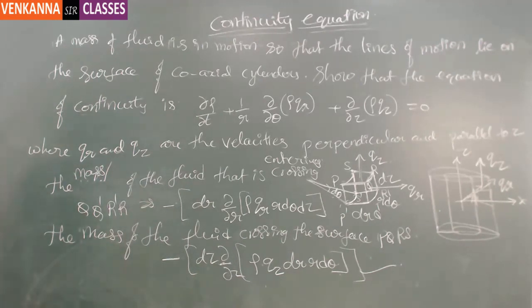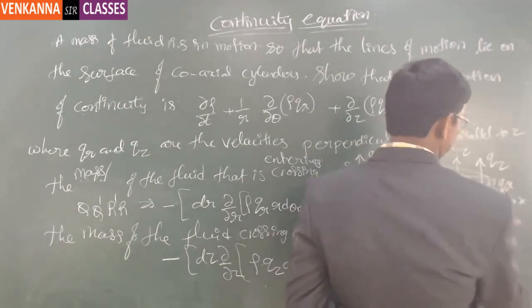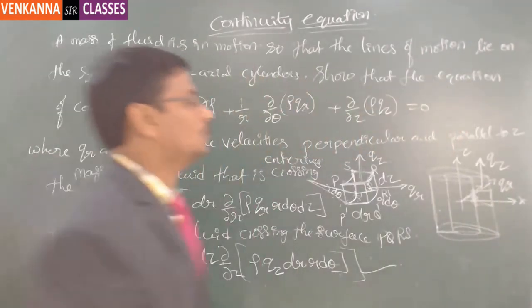Yeah, so as per our understanding this procedure is correct, but in the problem statement the direction of flow is not qr, he has given q theta.